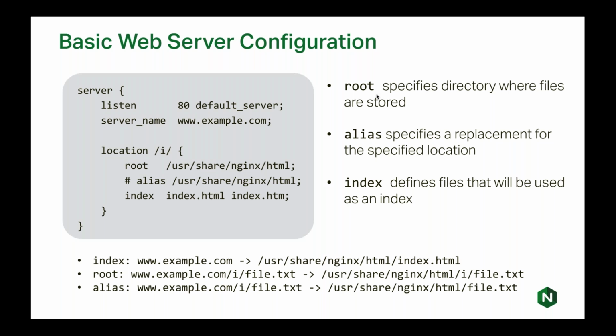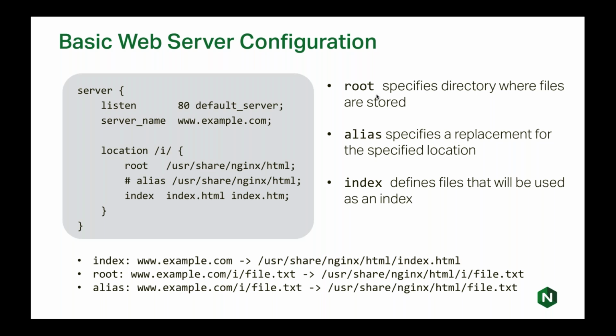The most important directives here are going to be the root, alias, and index directives. So root directive specifies where your files are stored on the local file system. Alias is a slightly different version of root, which specifies where the files are, but also specifies a replacement for the specified location. So how does that differ? We'll get to that just a little bit.